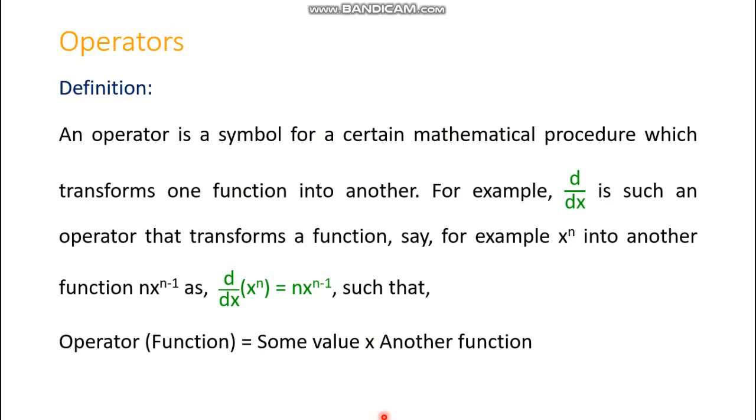For example, d/dx is the mathematical procedure, and the function you have taken is x to the power n. After operating on this function x^n by this procedure, which is taking differentiation with respect to x, another function, x^(n-1), with some value is obtained.